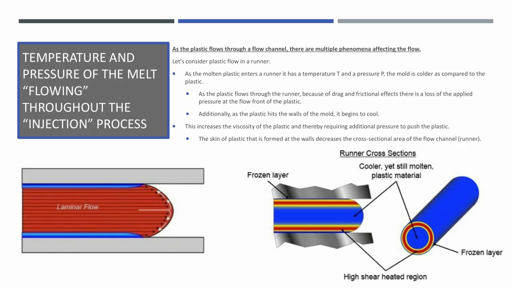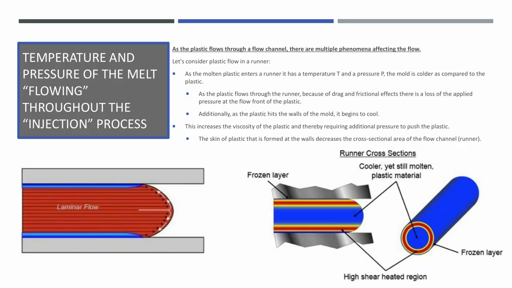As plastic flows through the channels, the gates, the cavities, there are multiple phenomena affecting the flow of the material. So let's consider flow in a runner. As the molten plastic enters that runner, it has an initial temperature and a pressure. The mold is much colder than the hot molten plastic. As that plastic flows through the runner, because of drag and frictional effects, there's a loss of the applied pressure at the flow front of the plastic.